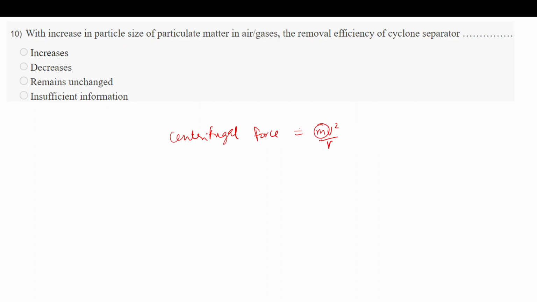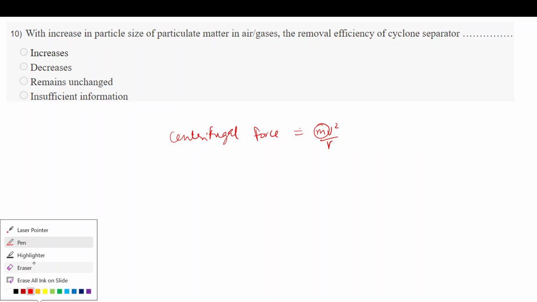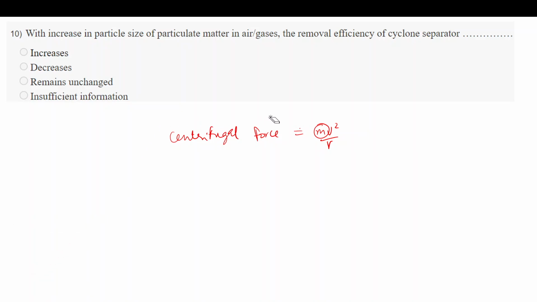So the bigger the particle, the more the mass, and more will be the force, which can result in easier separation, right? So here the correct answer is, with increase in the particle size, the efficiency increases.